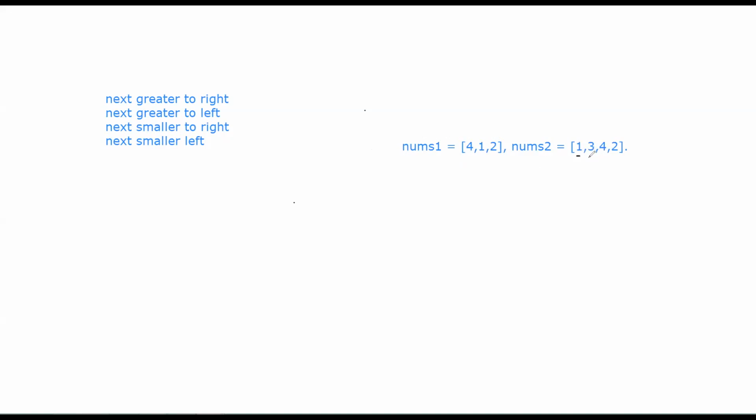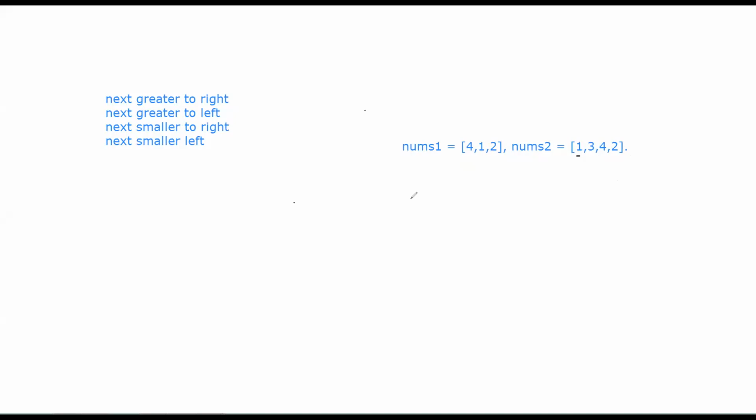Once I get 3, I'll stop. Then I'll move to 3 and again start iterating from 3 onwards until I get the next greater element. When I get 4, I'll stop. Again for 4, I'll iterate through the loop, I didn't find anything, so I'll return -1. Similarly for 2, I'll iterate, I didn't find anything, so I'll return -1.